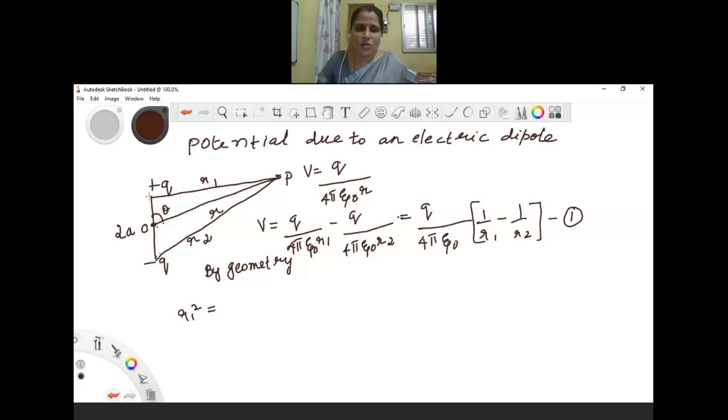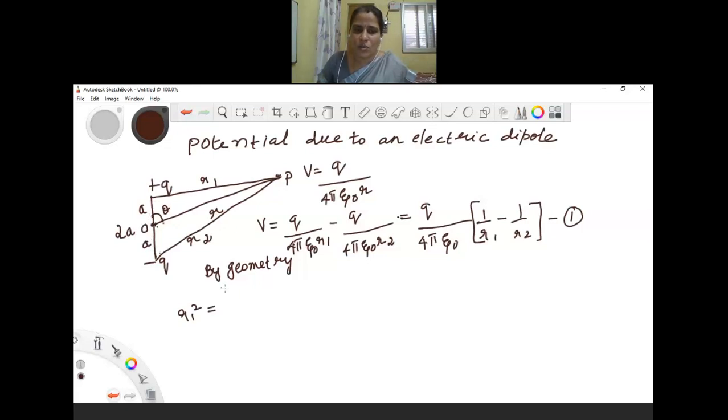Here the distance between the positive charge and the center will be taken as a, and similarly the distance between the negative charge and the center of the dipole will be taken as a, because the total distance between the two charges is 2a. So from the center to the positive charge is a, and from the center to the negative charge is again a.